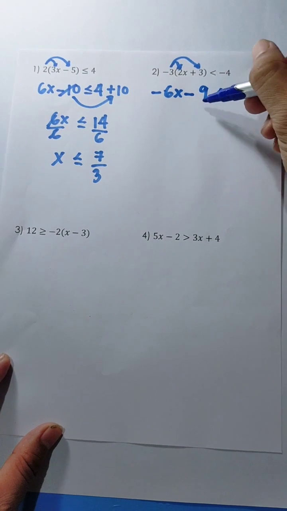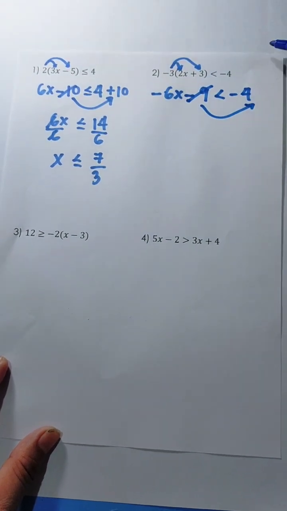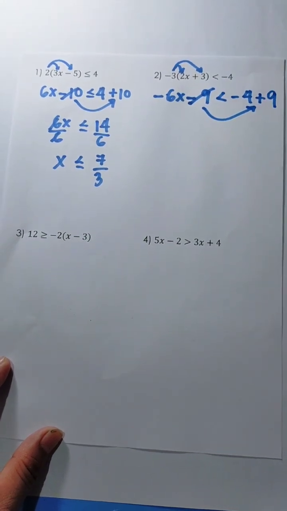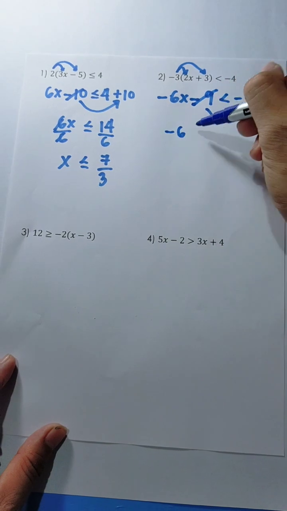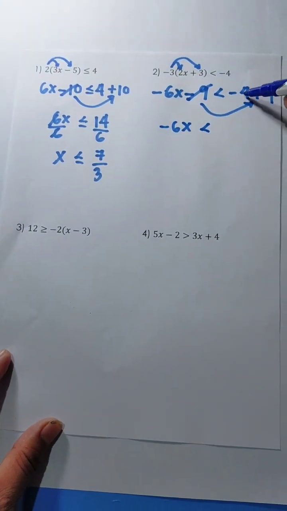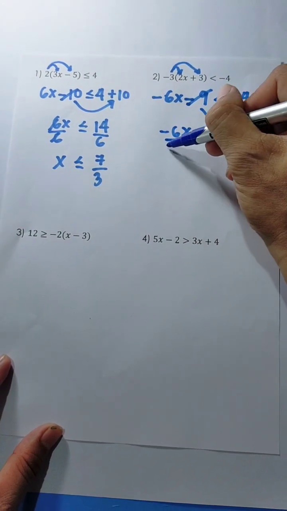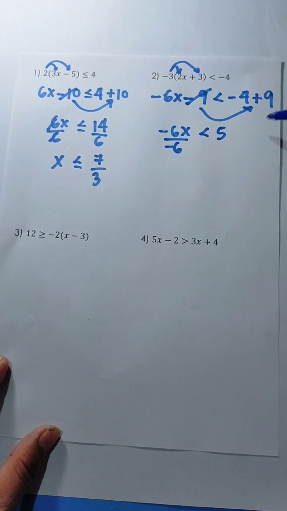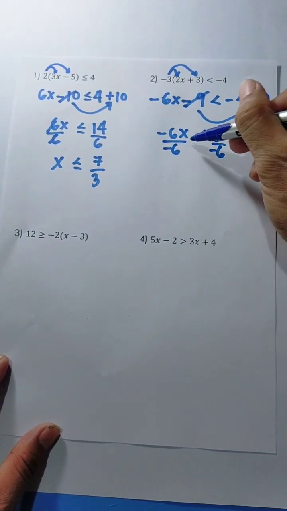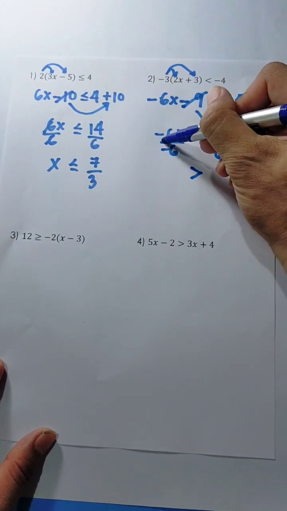We're down to 2 steps. Move this to the right side. The negative 9 becomes positive 9. Nine minus 4. We divide by negative 6 to get rid of negative 6. It's a negative number, so our inequality will reverse.